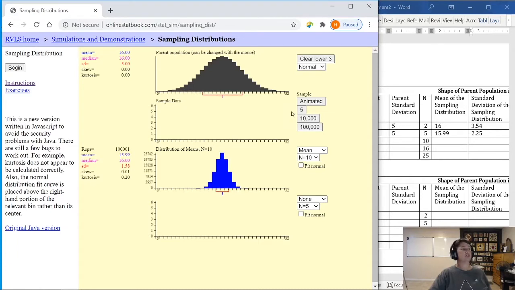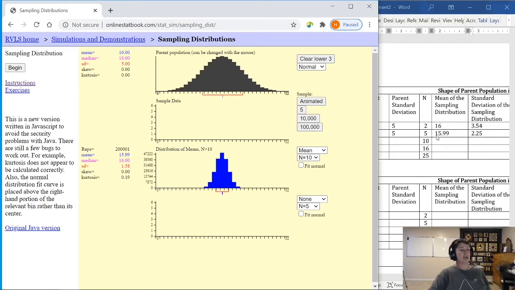Just for fun, let's do it another 100,000 times. Notice it still has that fairly symmetric shape. It still looks pretty normal. Then let's look at the mean of this new sampling distribution.